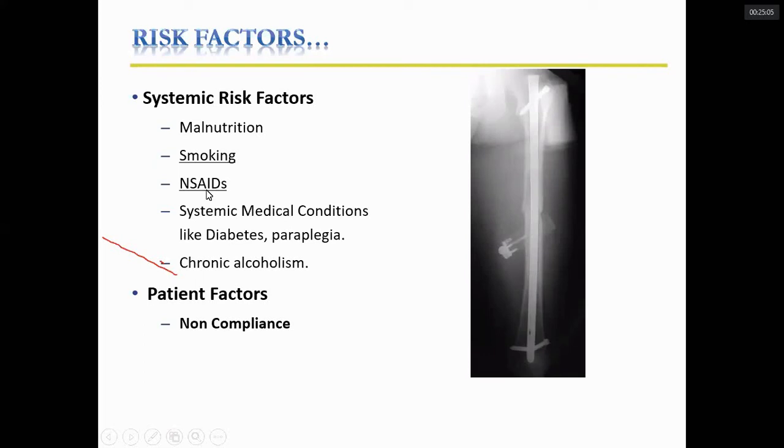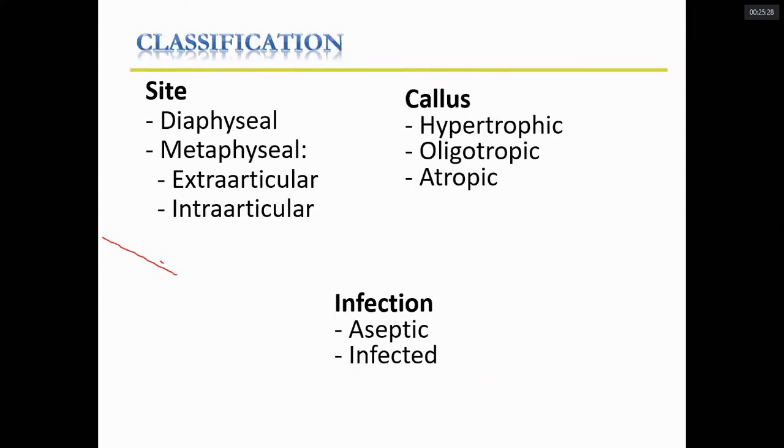These are the most common causes of non-union that we see in our scenario. So you have to advise your patient, especially in long bone fractures, to quit smoking, quit tobacco, and not take excessive amounts of analgesics. If the pain is tolerable, please do not take excessive analgesics. So that should be your advice.